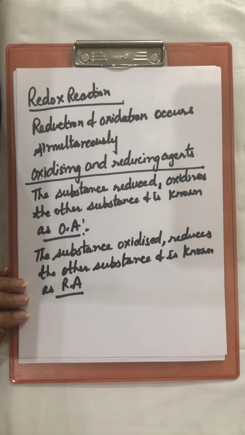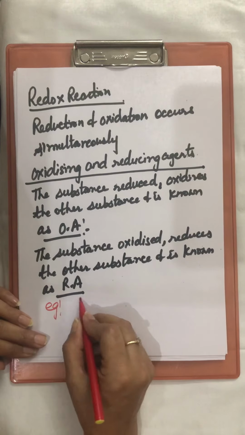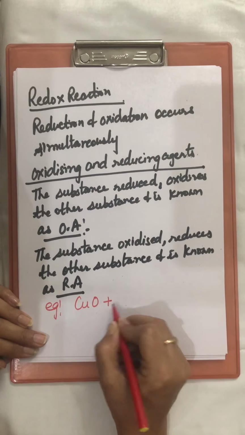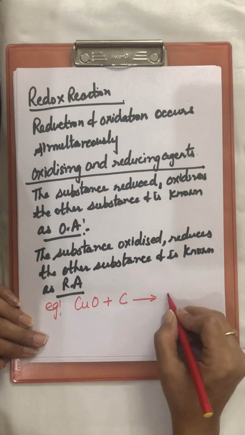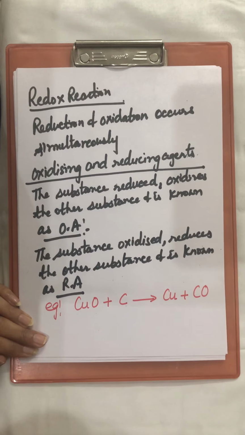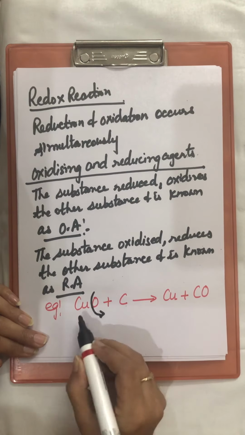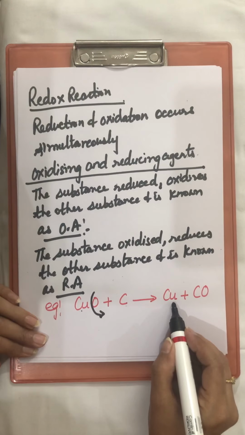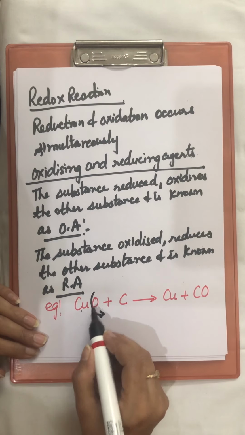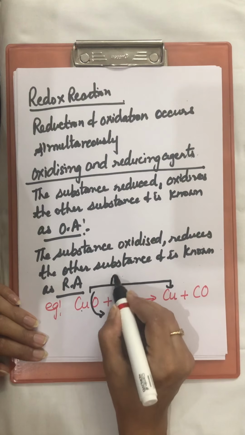Now to understand oxidation, reduction, oxidizing agent and reducing agent, the example is copper oxide. When it reacts with carbon, it forms copper and carbon monoxide. In this reaction, from copper oxide, oxygen is coming out and it is changing to copper. Removal of oxygen means this is undergoing which reaction?